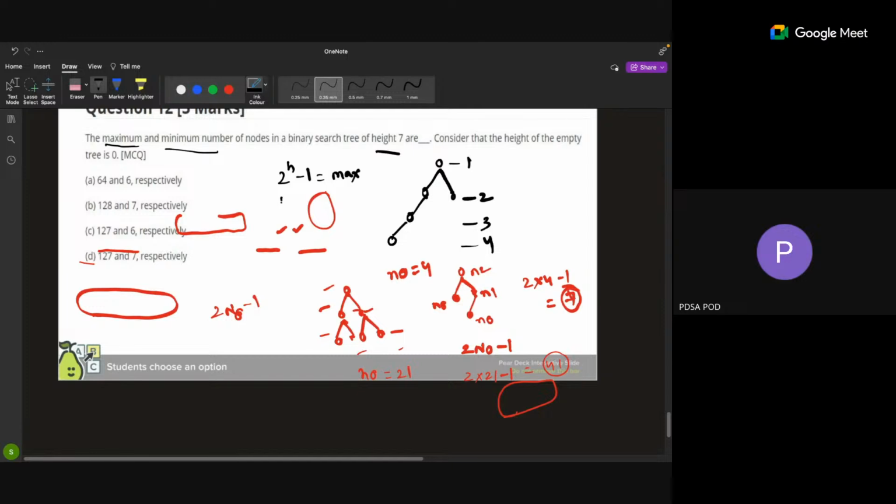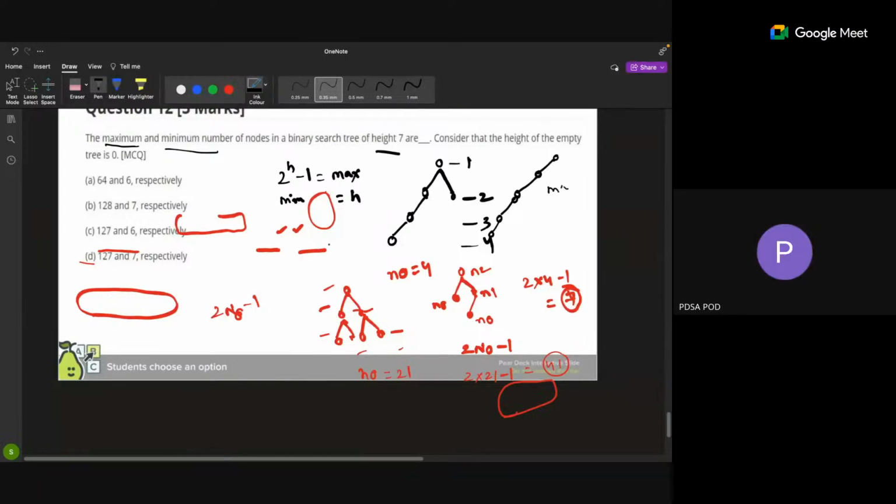What is the minimum? It is just h, when the tree is left skewed or right skewed. For example, they already gave 7, so 7 nodes with left skewed or right skewed is the minimum.